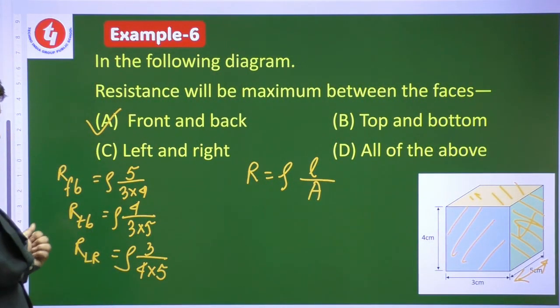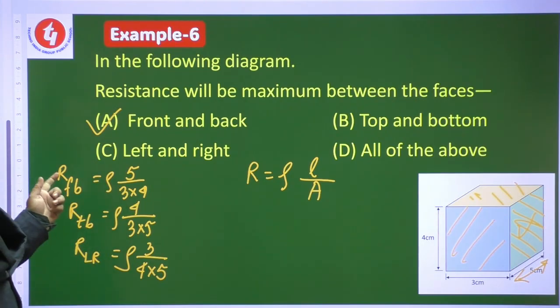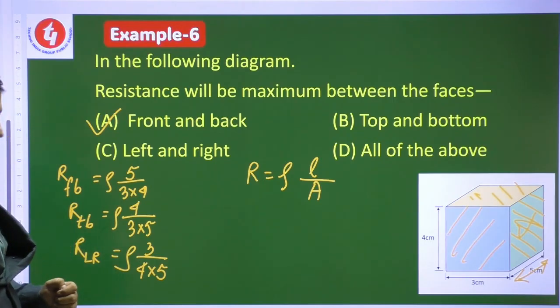So resistance is maximum between the front and back, and minimum between the left and right. Very important question.